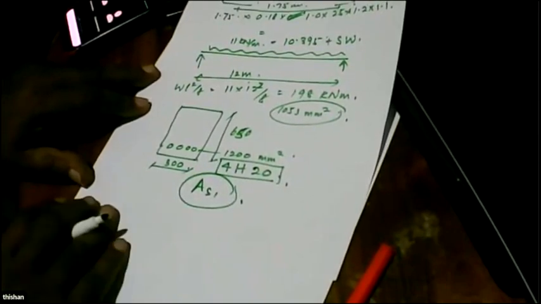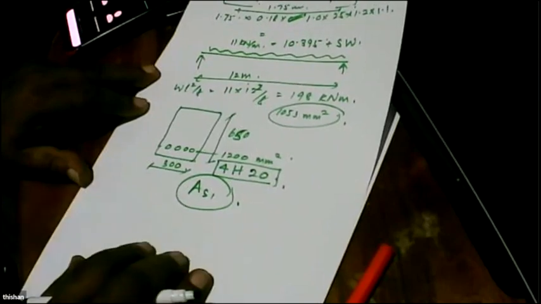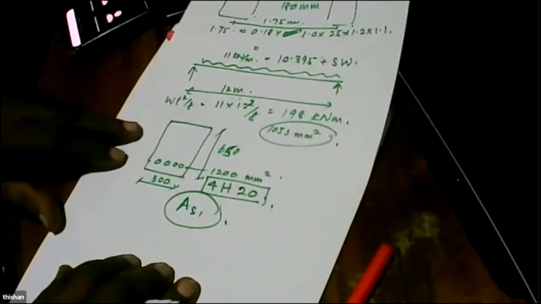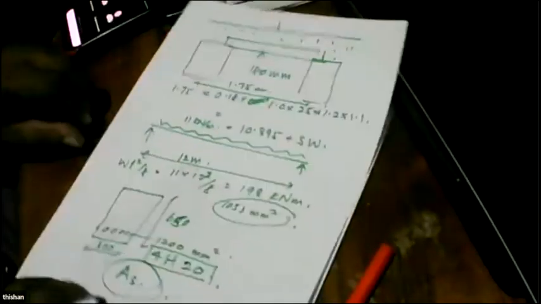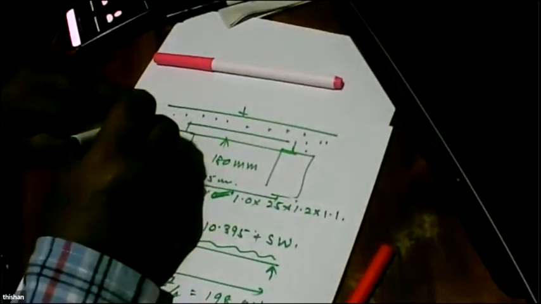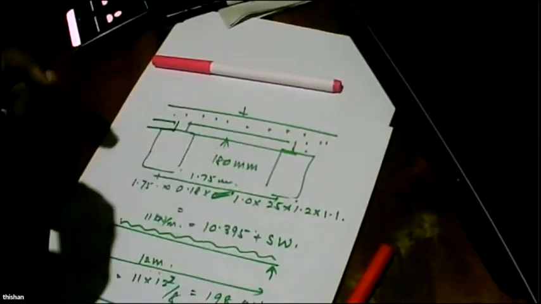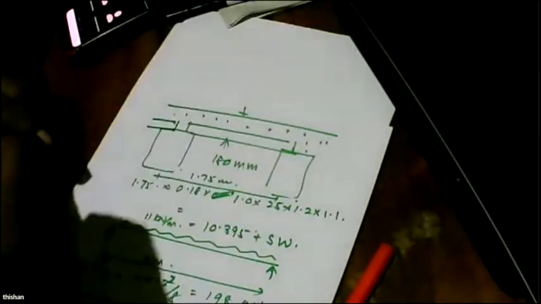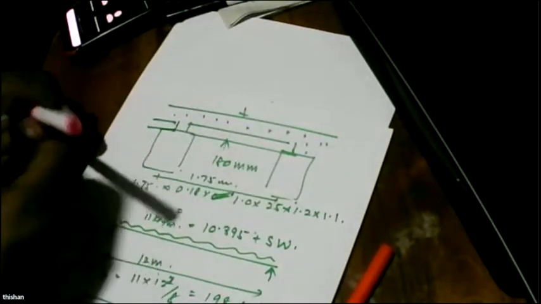Now we have to see how this bridge is going to behave when it is subjected to live loads. Right. So when subjected to live loads, what happens? Now the whole structure is effective.